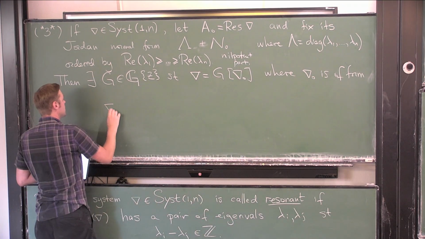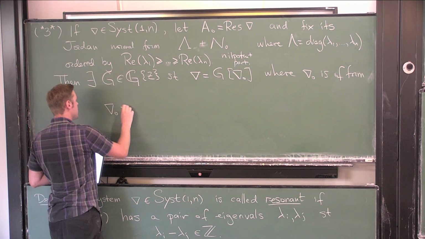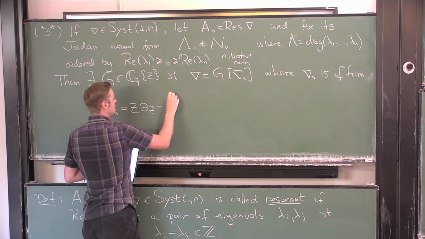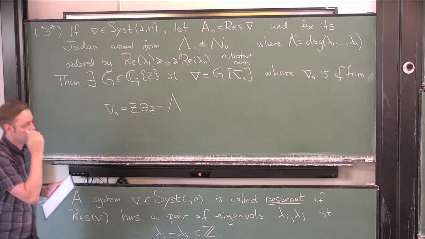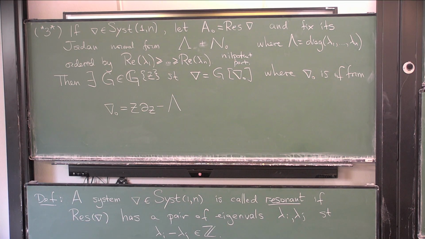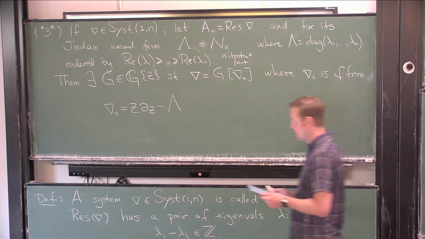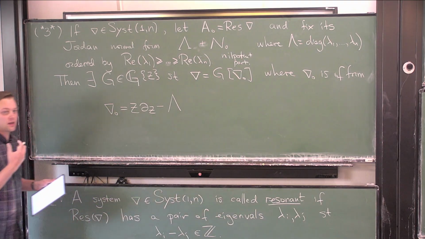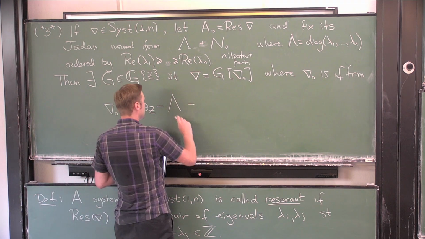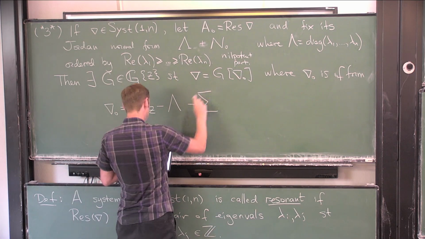So the beginning of nabla knot looks very, very similar to the case of no resonance. It's just like this. This is my lambda. But once resonance appears, then you have corrections, which are given by nilpotent matrices.